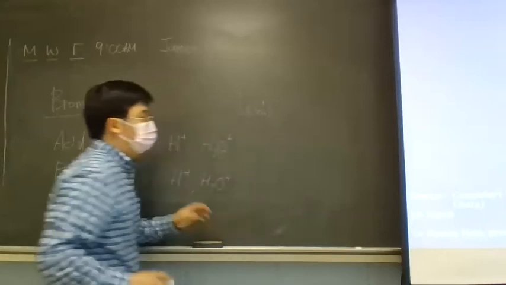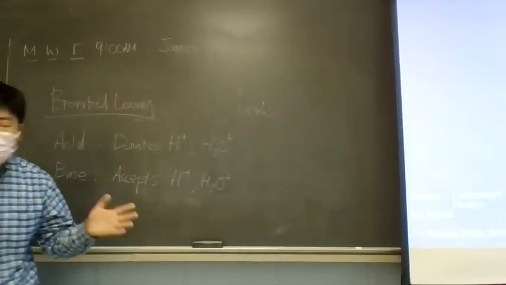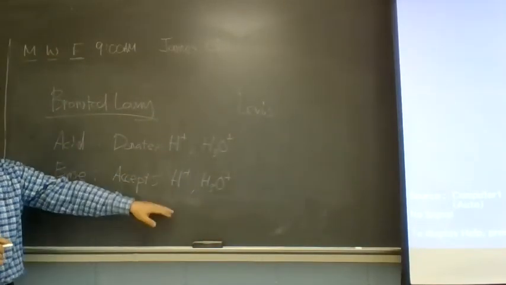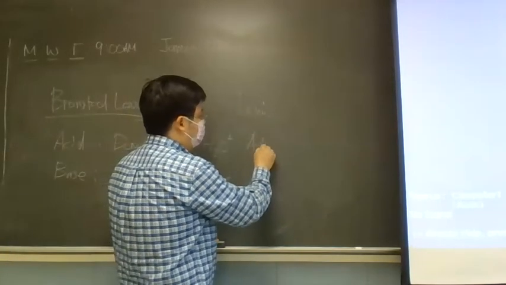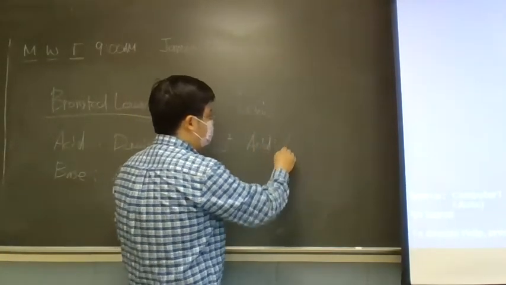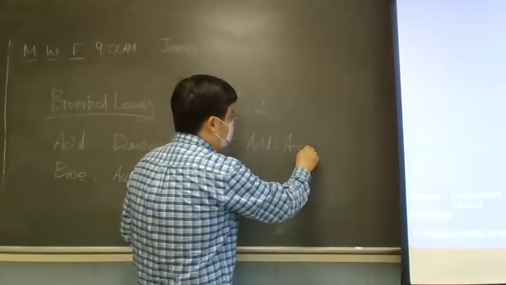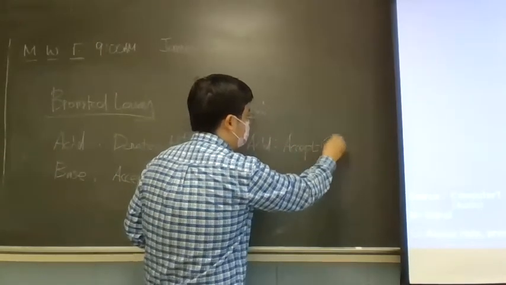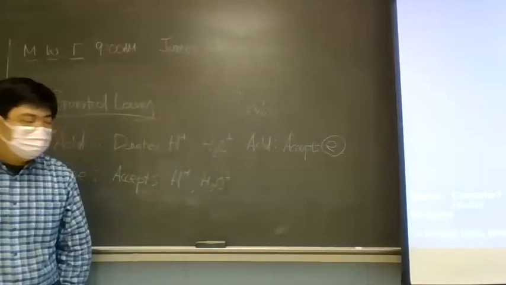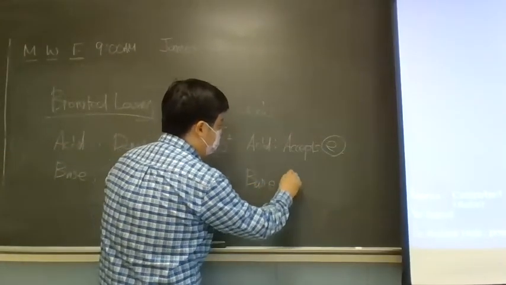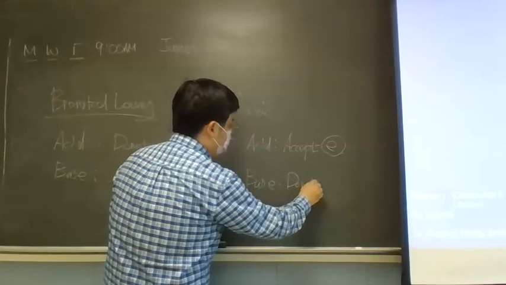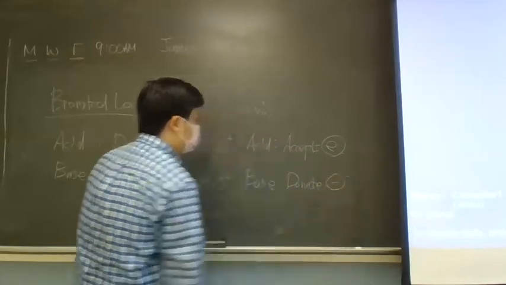Here, we're going to change this proton to electron. So in Lewis, an acid actually accepts electrons, and a base donates electrons.